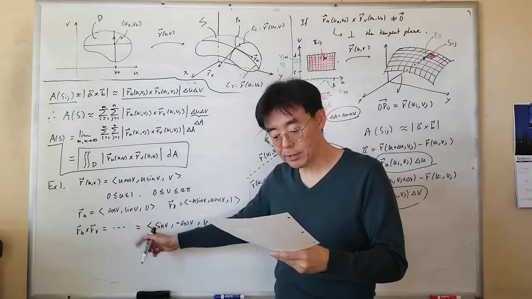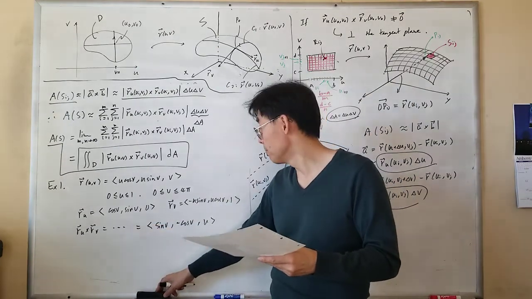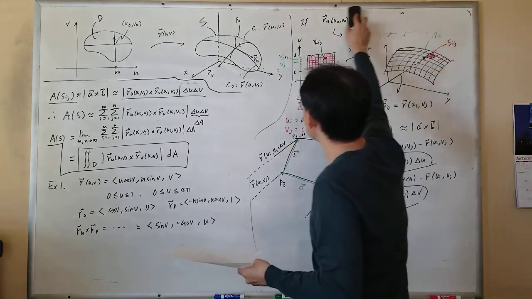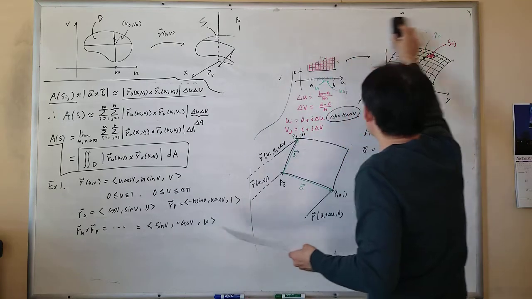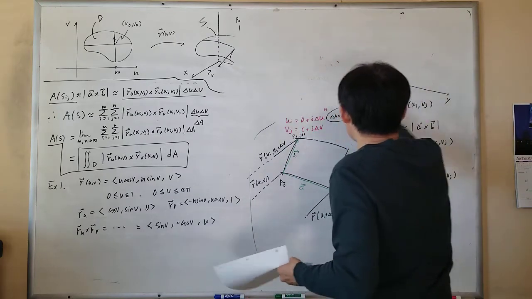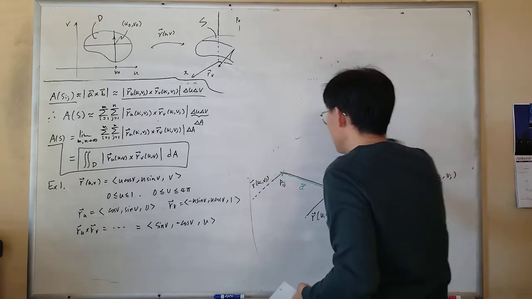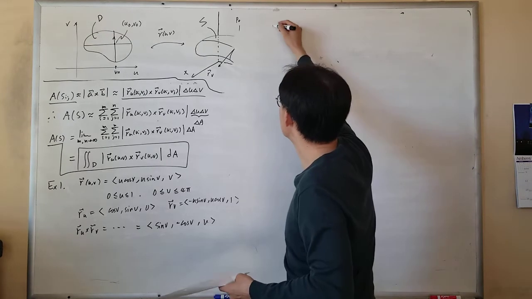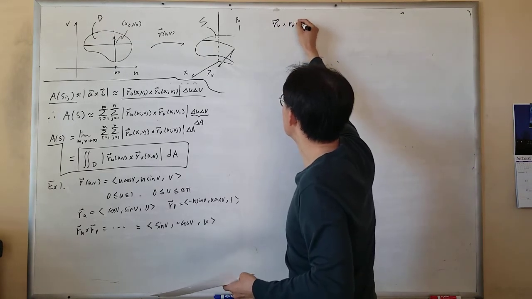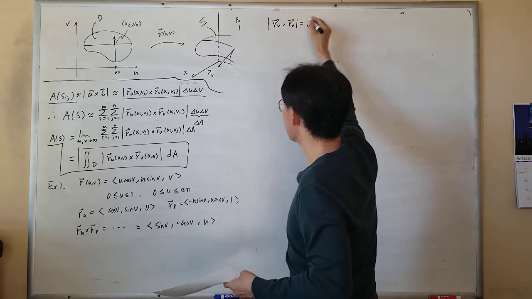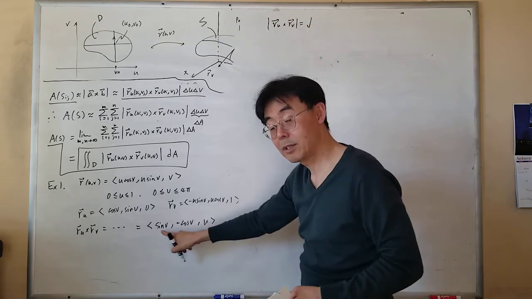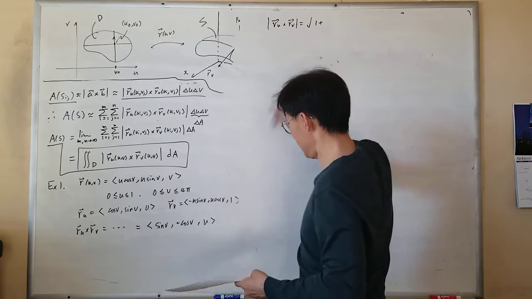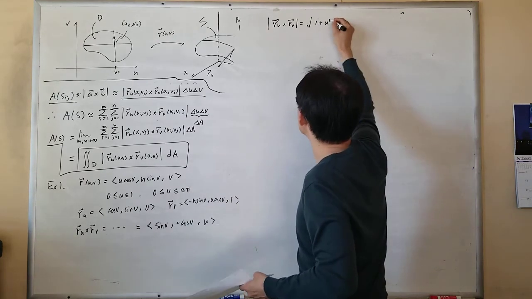So this is a tedious calculation. You go through it. All right? Then the magnitude, here it is. The magnitude is the square root of this squared: sine squared v plus cosine squared v will be just 1, and then u squared, right?